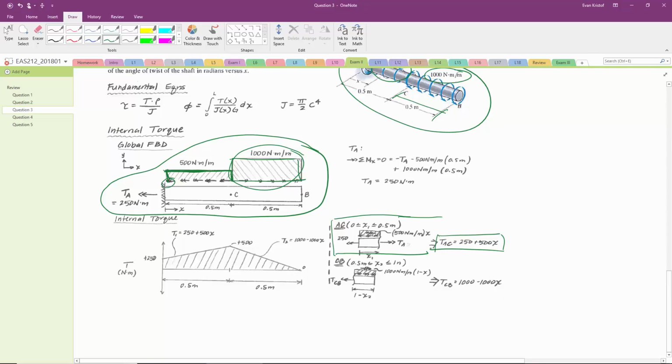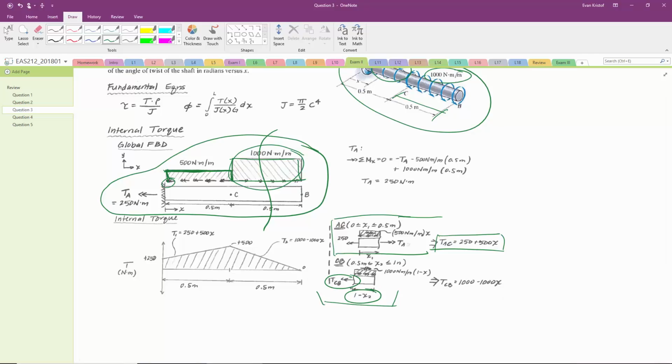And again, it's all about whenever you make a section cut, so for example the section cut between C and B, here's the free body diagram for that. I show my internal torque pointed away from the section cut, and if you're keeping everything to the right of the section cut, you've got to be really careful about making sure your distances are correct.